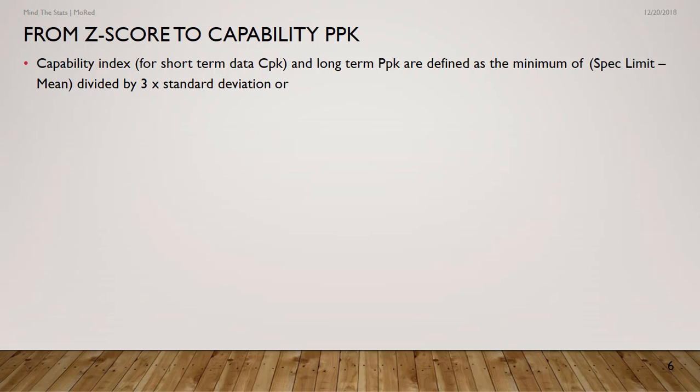Point of interest, like the spec limit, minus the mean divided by 3 times the standard deviation. Or in a formula form, CPK or PPK, it's the closest spec limit minus mean divided by 3 sigma.